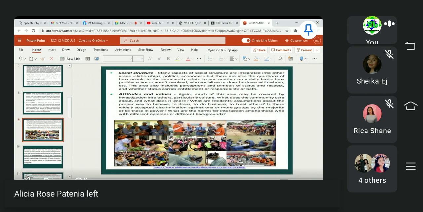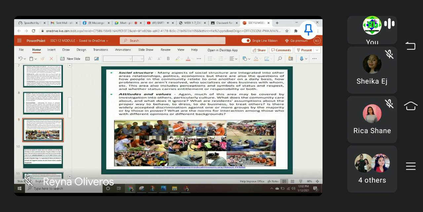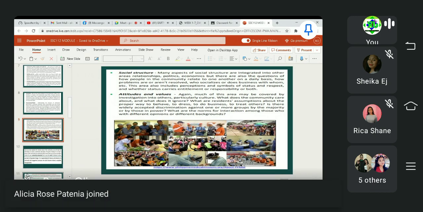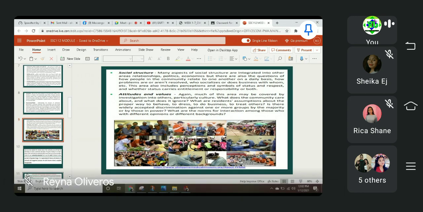How problems are or aren't resolved, and who socializes or does business with whom, etc. So, dapat alam mo rin yan. What is the social structure of this business or community? Okay? This area also includes perceptions and symbols of status and respect. Then, whether status carries entitlement or responsibility, or even both.